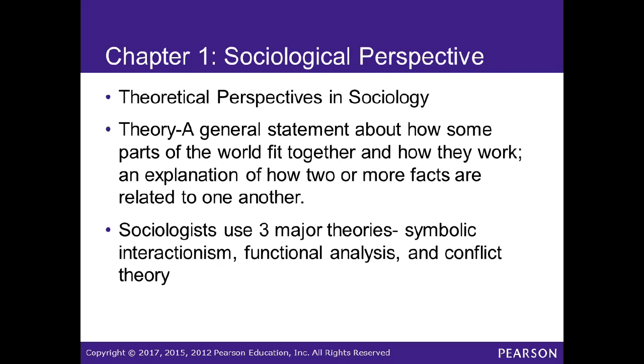The bottom line is that as we go on to each chapter, if we talk about crime and delinquency, each of these theories has a perspective. Race and ethnicity, marriage and family, sex and gender, globalization, also social stratification. These three theories are consistent and they each have their point of view.